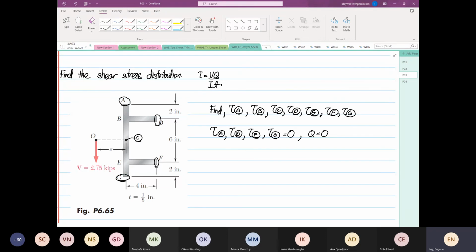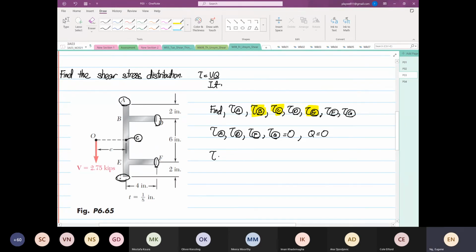Now, that leaves us with point B and point E, sorry. And also leaves us with point C. Okay. So now, what we know is this.